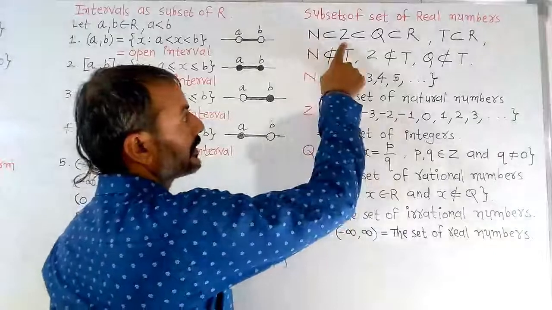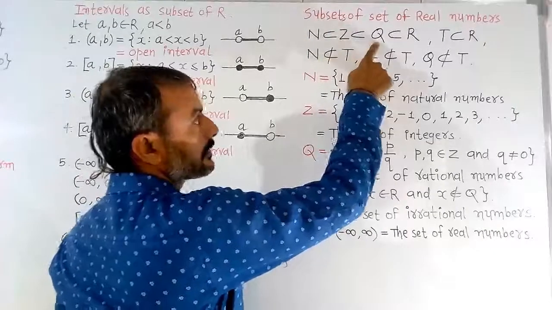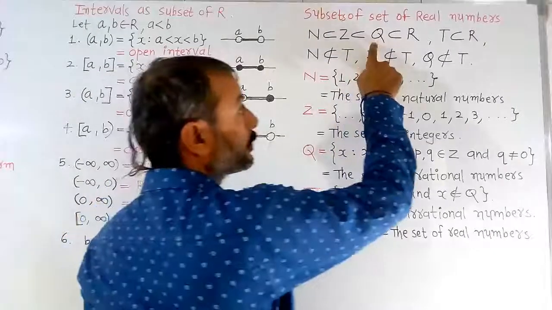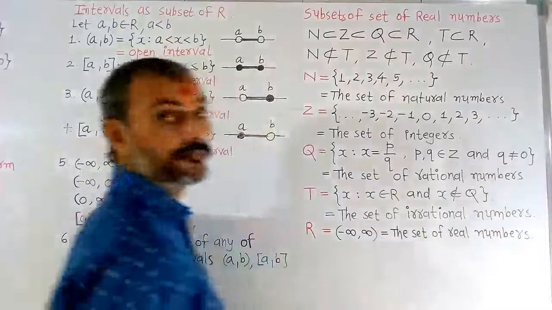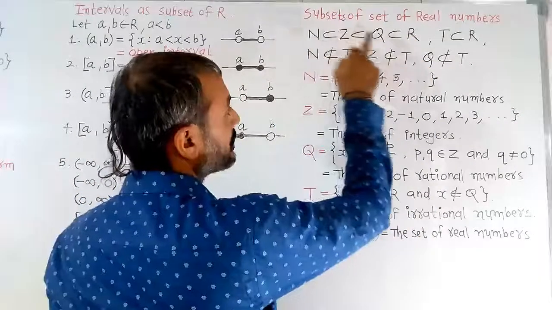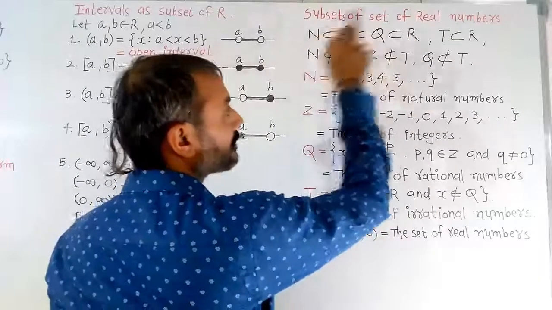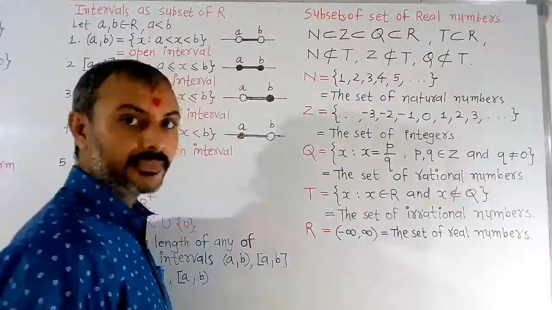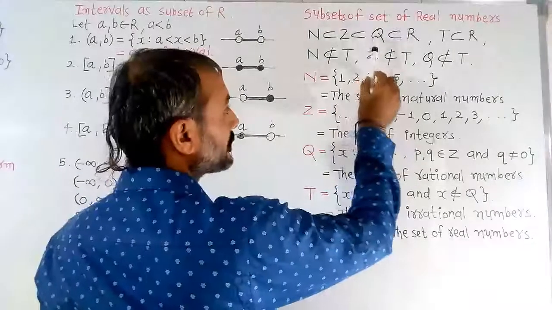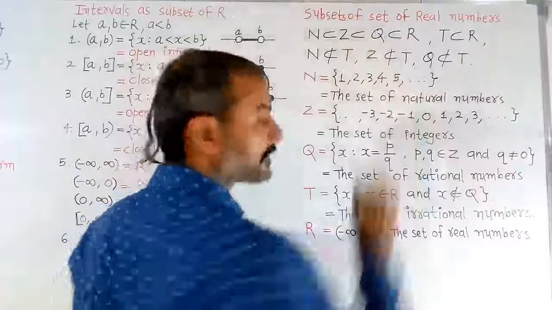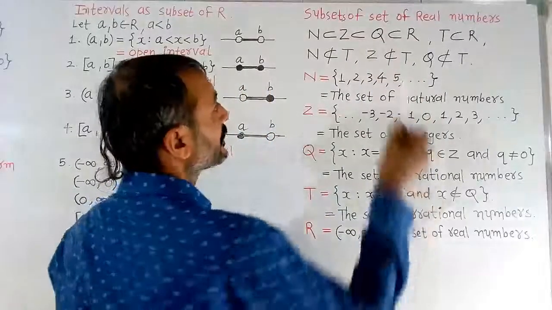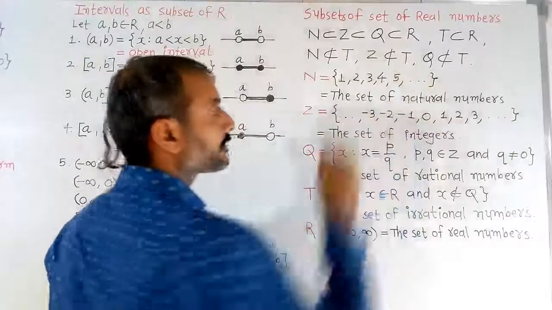N is a subset of Z, and Z is a subset of Q, and Q is a subset of R. So N is also called a subset of Q, and N is also a subset of R. Z is a subset of Q as well as a subset of R, and Q is also a subset of R.